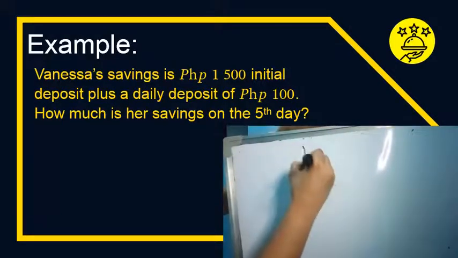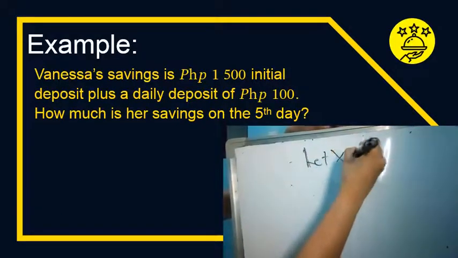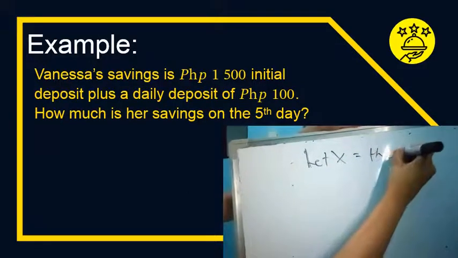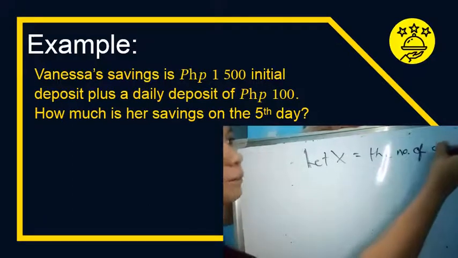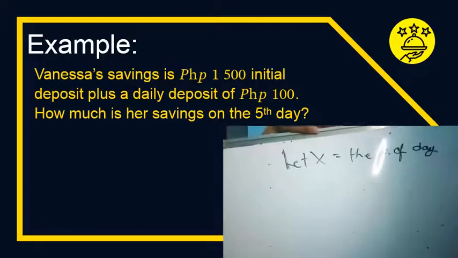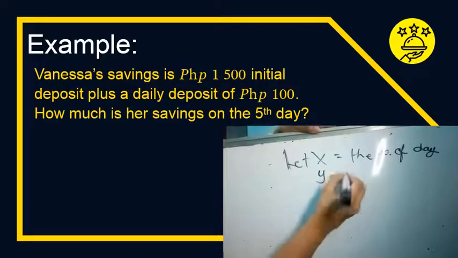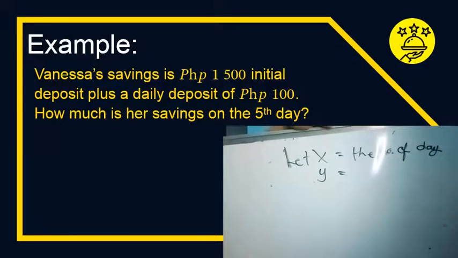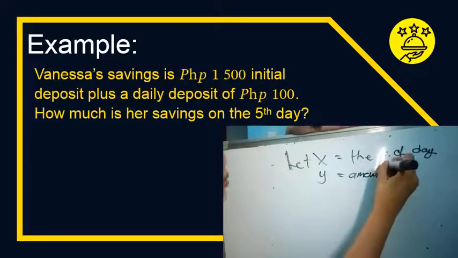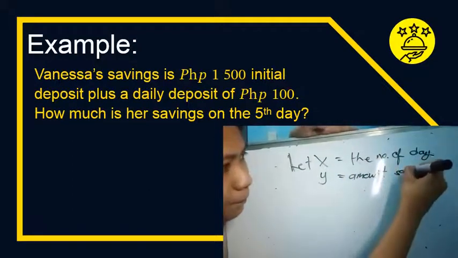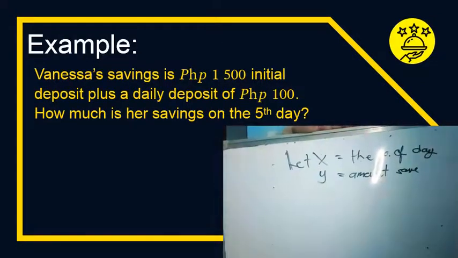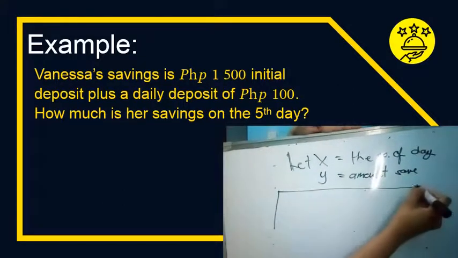So we let x be equal to the number of days, then y be the amount saved in the given days.